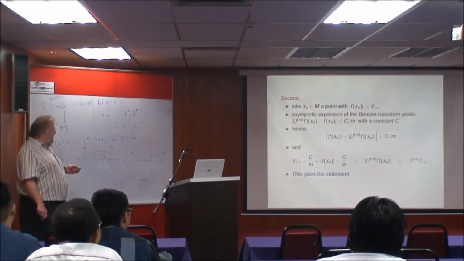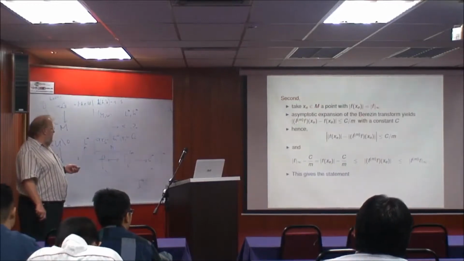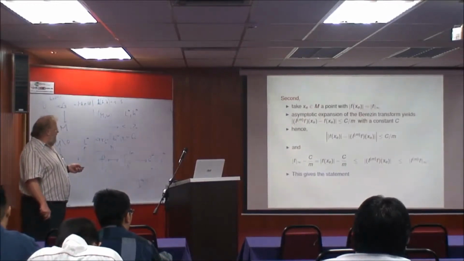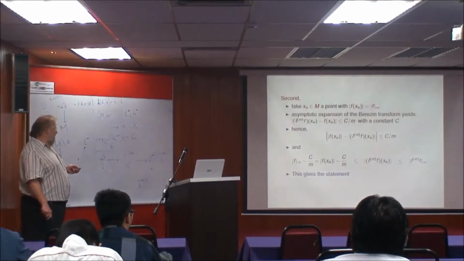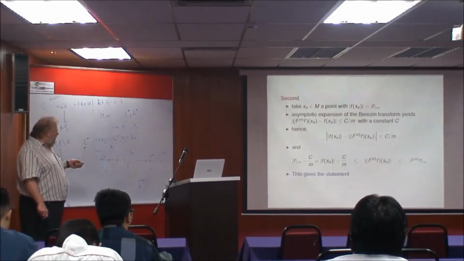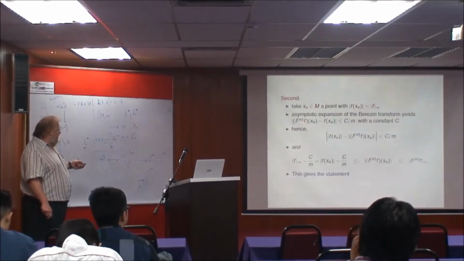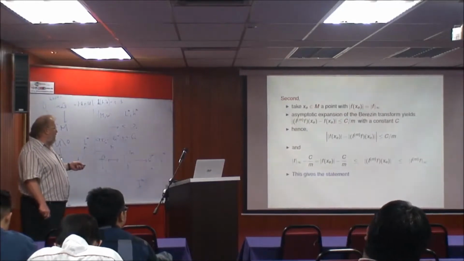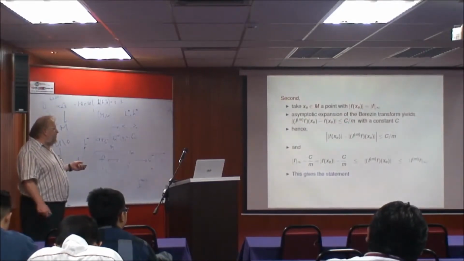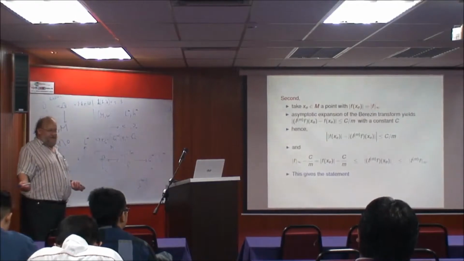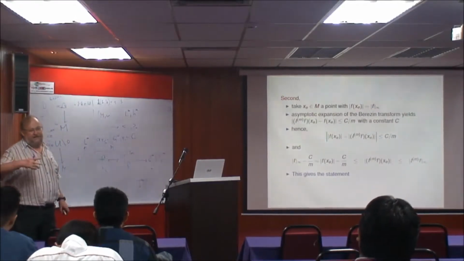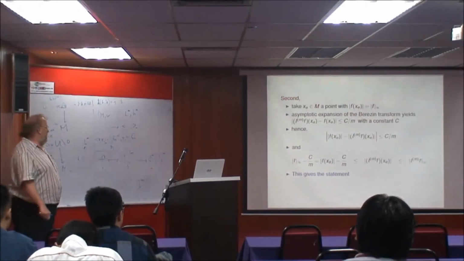So we have this relation there. So we take f(x_0) and we take the asymptotic expansion of the Berezin transform I_m(f), and so this is now bounded by C over m with a constant C. So this is the existence of this asymptotic expansion. Okay, good.